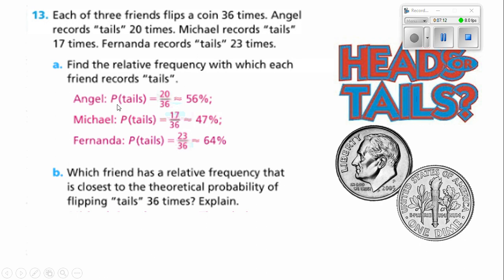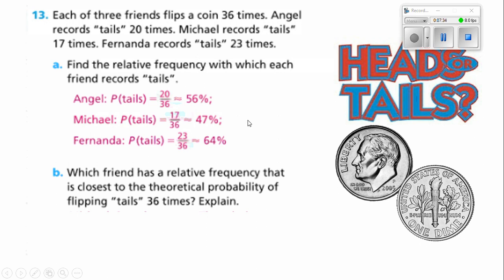Well, Angel had the probability of tails 20 times out of 36. Michael's probability for tails was 17 out of 36, and that's 47%. And Fernanda's probability for tails is 23 out of 36, which is 64%.